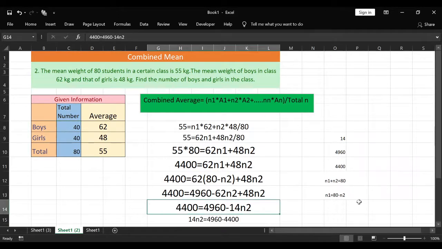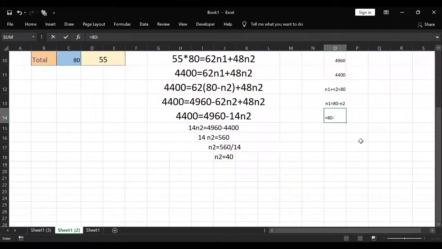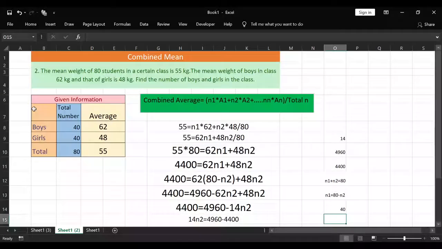So the same thing we have considered here, n1 equals 80 minus n2. So the n2 value we have taken here is 40, so the rest of the value is 40. So the number of boys is 40 and the number of girls is 40.